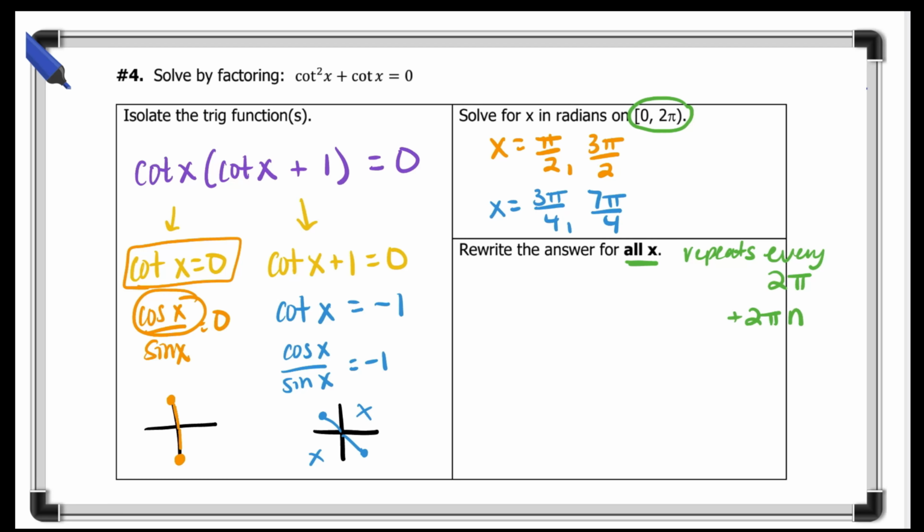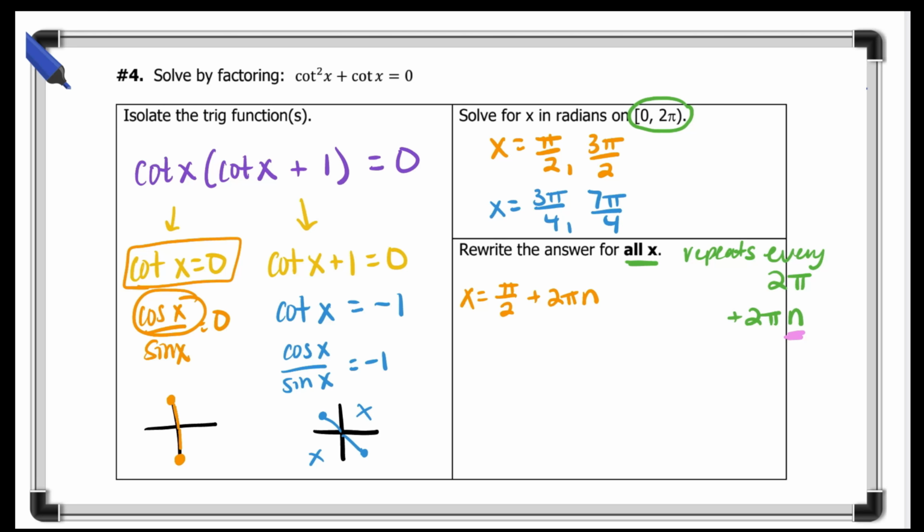Now, n represents any integer. So the first answer I'm going to take is pi over 2, and because my trig equation can repeat every 2 pi, I'm going to add 2 pi n, where n represents that integer.